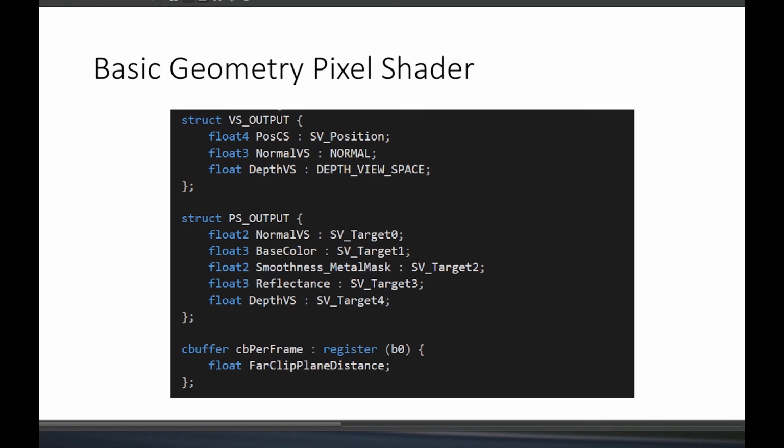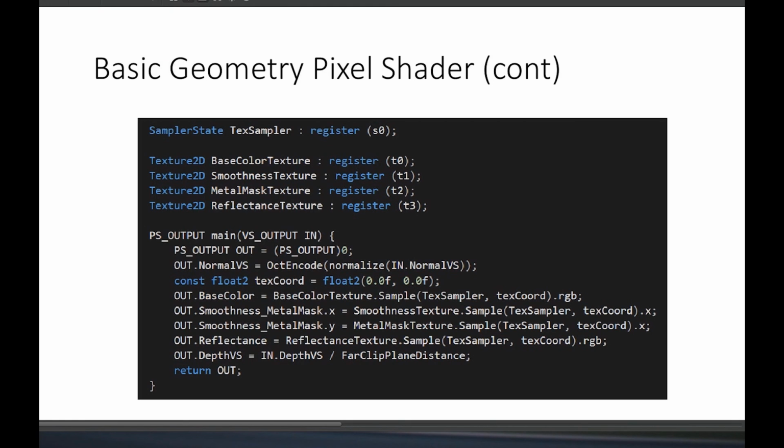For physically based rendering, we need the normal, we need the base color. In one texture, we store the smoothness and the metal mask. The metal mask is basically a binary value that will be 0 if the geometry is not a metal, and 1 if it is. The reflectance color and the depth.